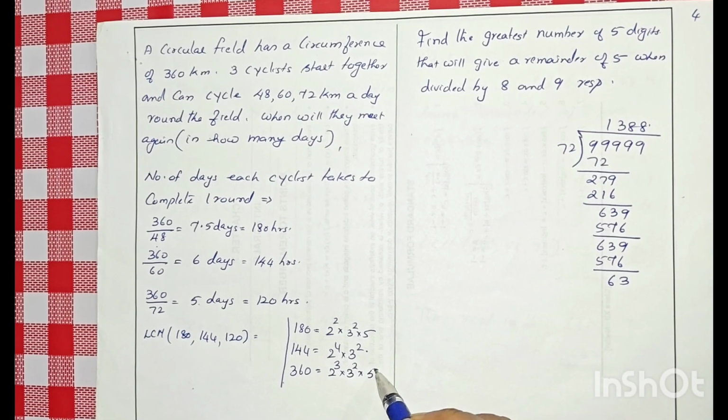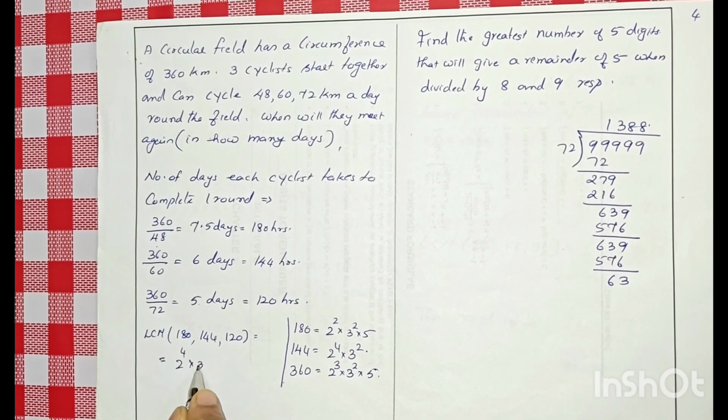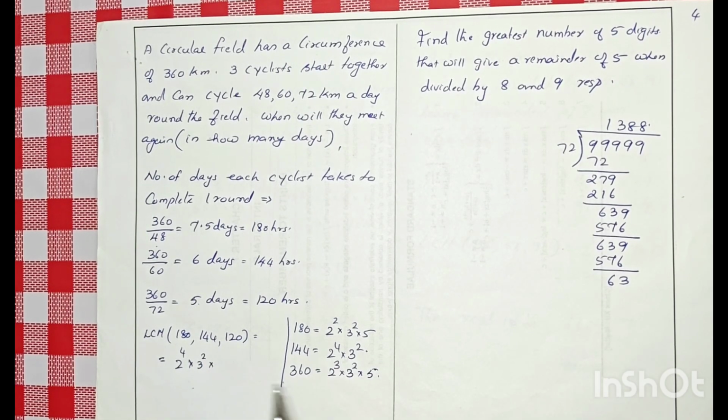So a prime factorization I have already done. Now we will find the factors that we have to include. So 2, you have to take 2 to the power of 4, the highest exponent. Then 3 square, and then 5. So you will get this as 720 hours.